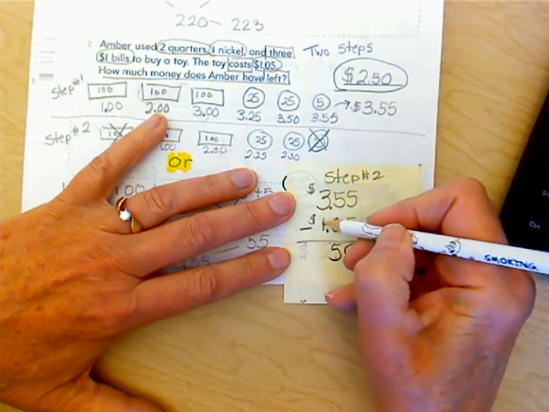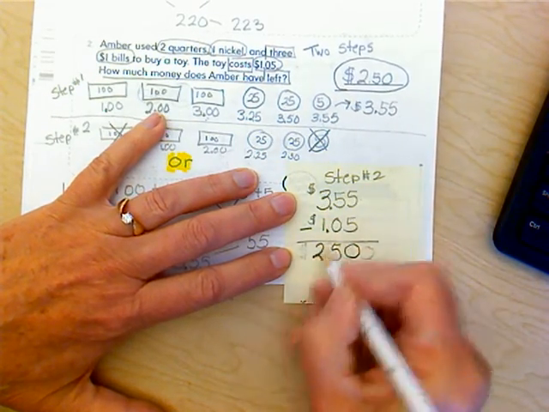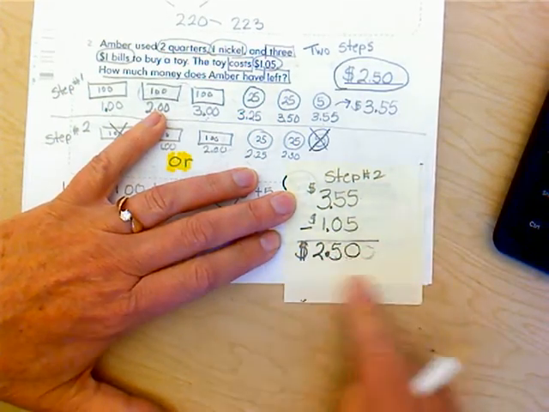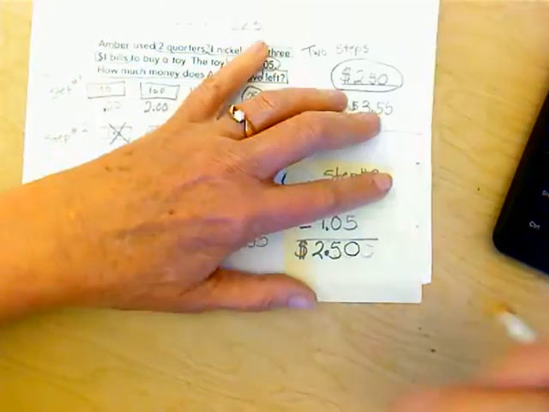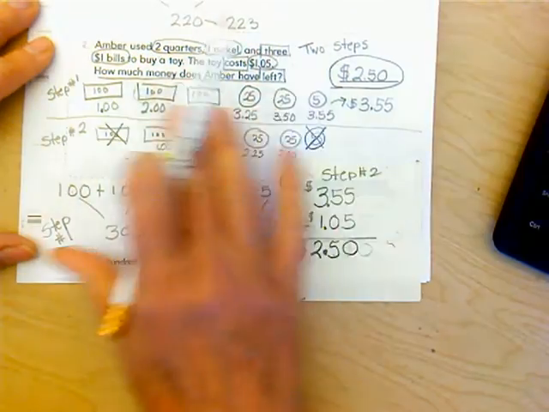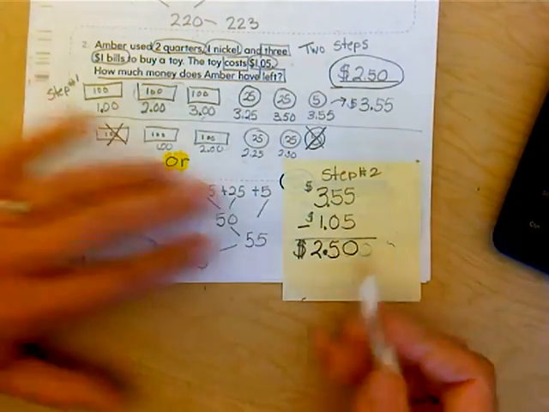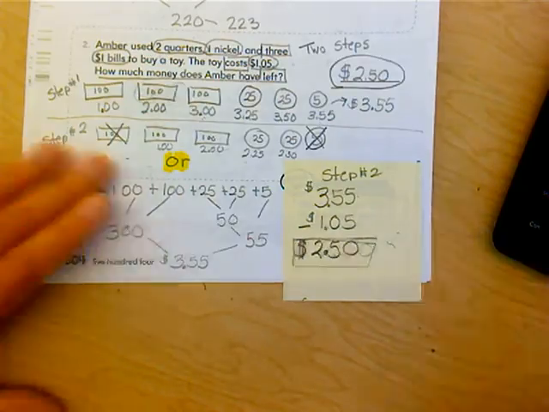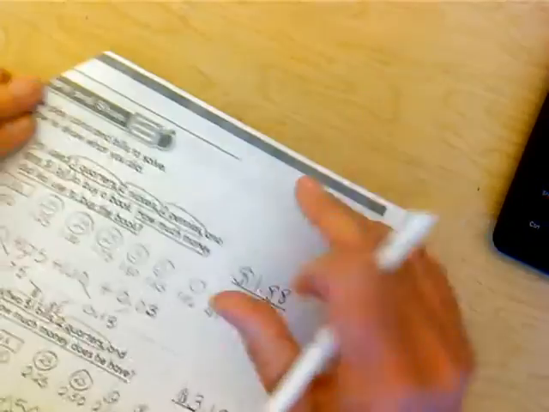And $3 take away $1 is $2. My decimal comes straight down and I add my dollar sign. Sorry about that. I was not careful about my place value on that. So whether you chose to do it this way or another way, when you get finished, your final answer should be $2.50. Okay, let's take a look at our next page.